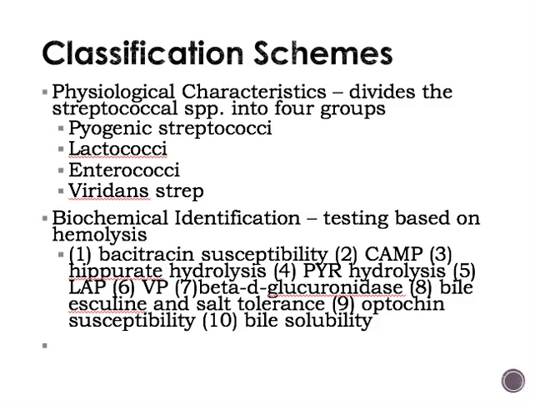And then the last method that we can use for classifying streps is through biochemical identification. These biochemical tests that we perform are selected based on the hemolytic pattern of the organism.